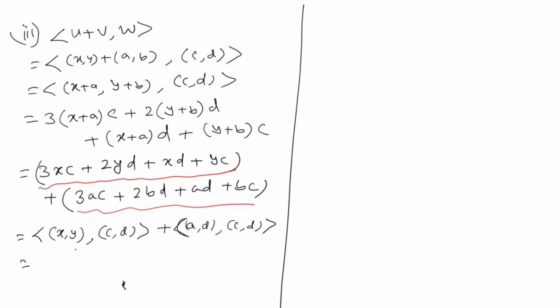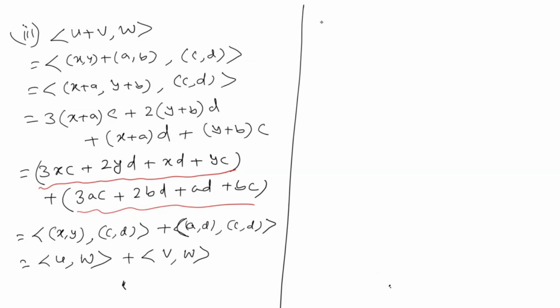So this means the inner product of u and w plus the inner product of v and w. So we prove the third property.